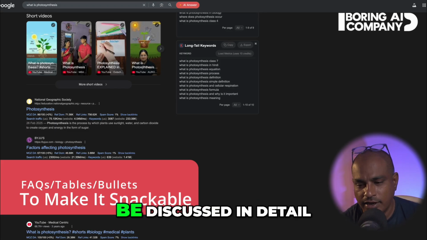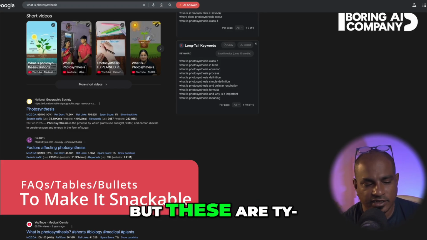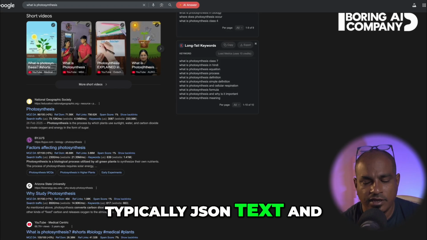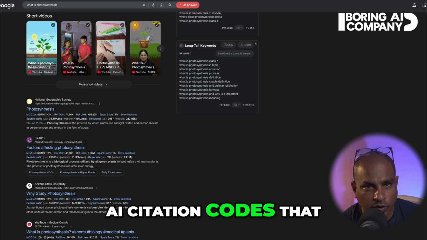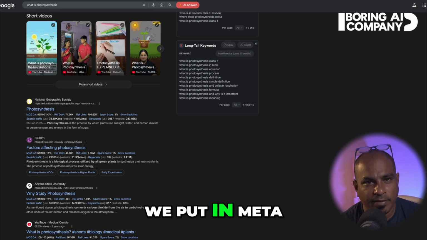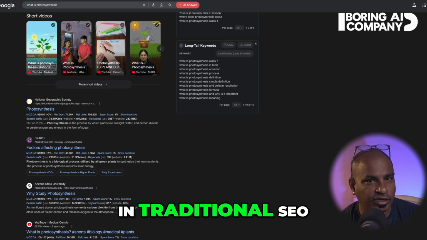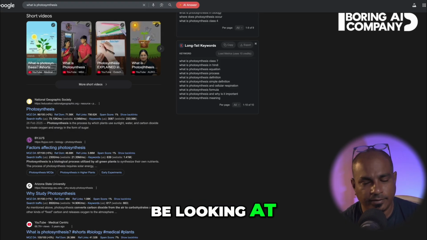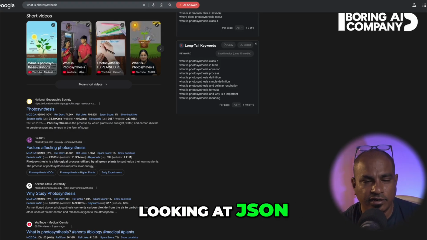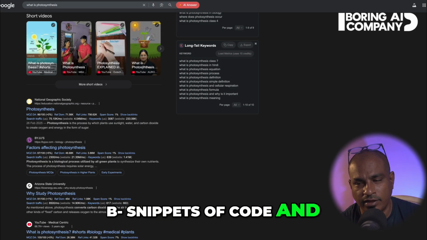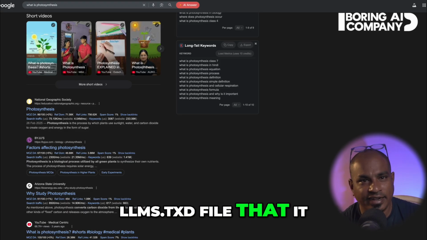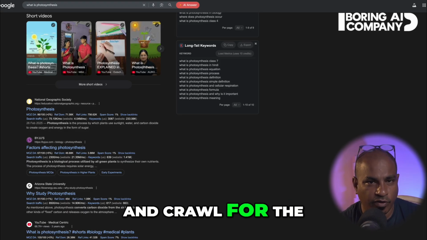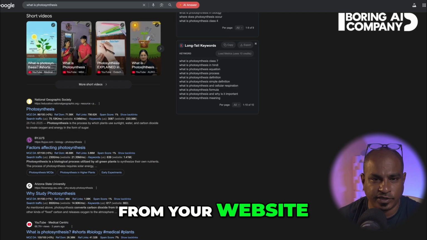Now this is going to be discussed in detail in another article, but these are typically JSON text and AI citation codes that you need, like how we put in meta tags and meta keywords in traditional SEO. We are going to be looking at JSON snippets of code and an llms.txt file that the LLMs need to crawl to get information from your website.